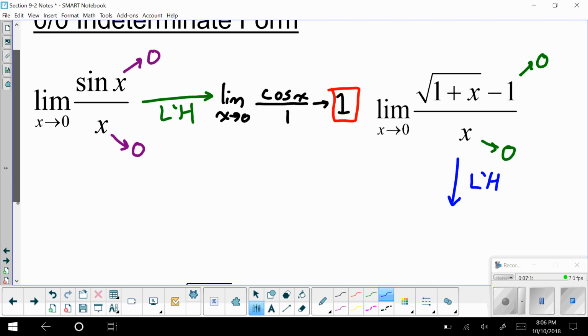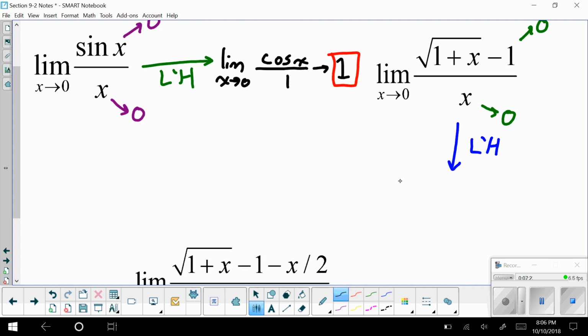And what I now have is a new limit as x is approaching 0, because I haven't evaluated it yet. Remember, square roots are not very friendly to us, so if I think of this as 1 plus x raised to the 1/2, I need the derivative of that.